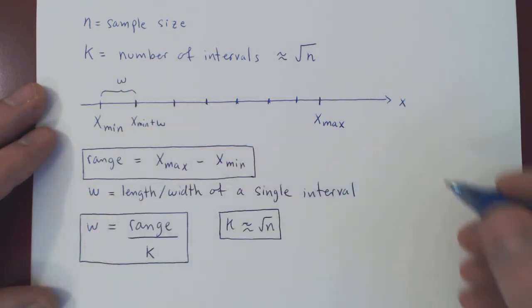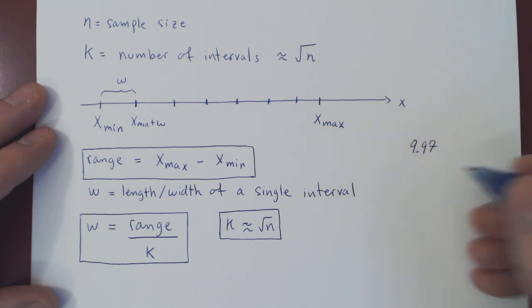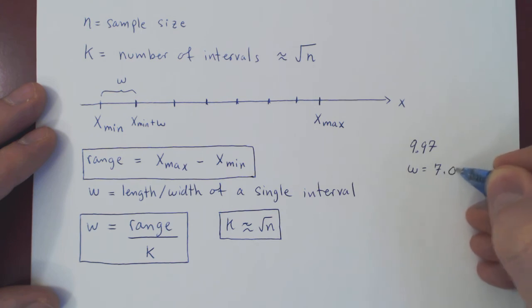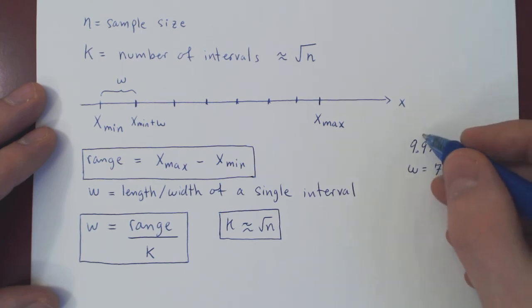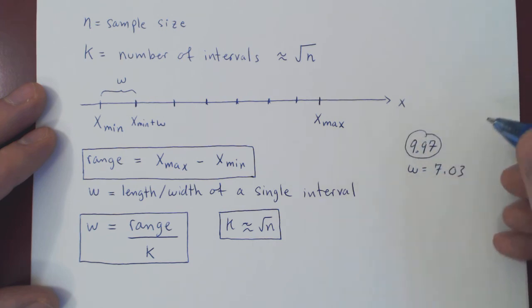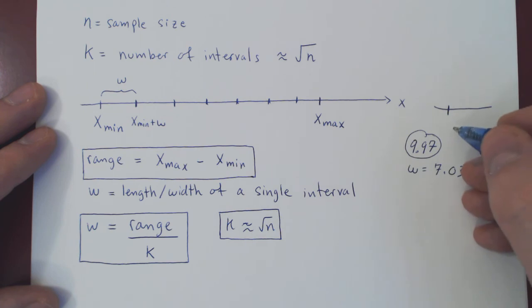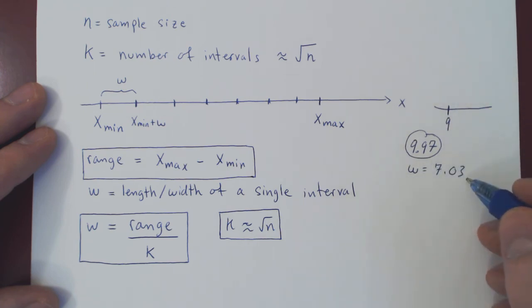Suppose that your x min was, say, 9.97 and your width was 7.03. Then you could say, well, instead of starting at 9.97, I'll start one below, so I'll start at 9. Instead of taking a width of 7.03, I'll just take a width of 7.